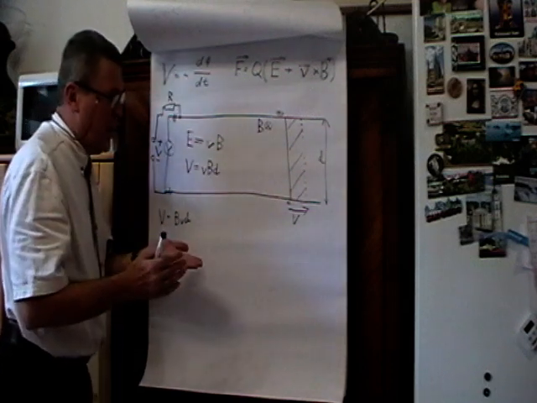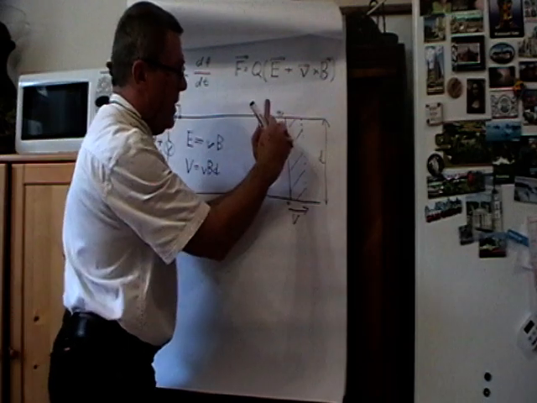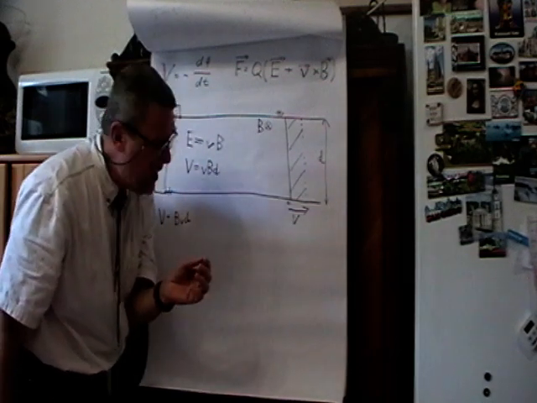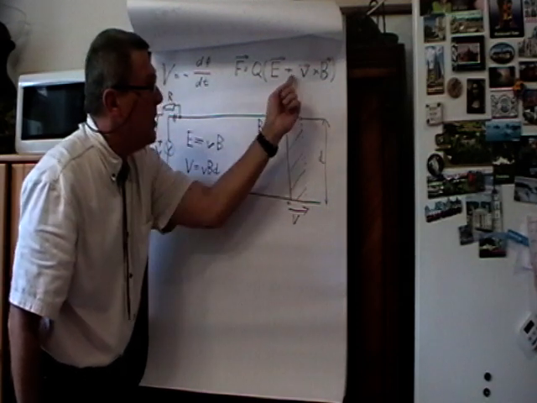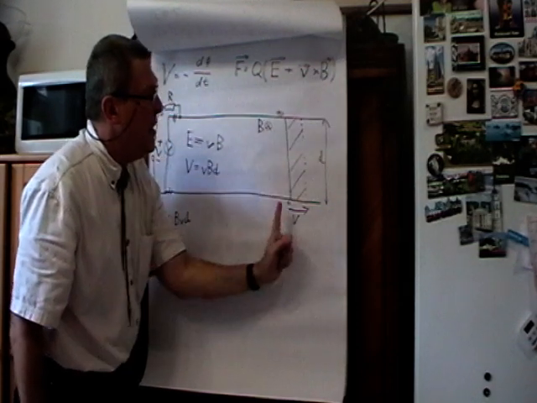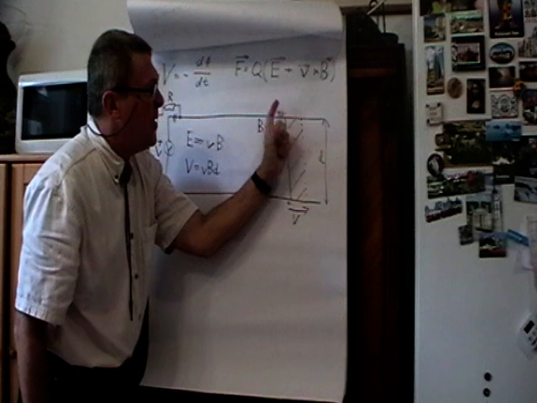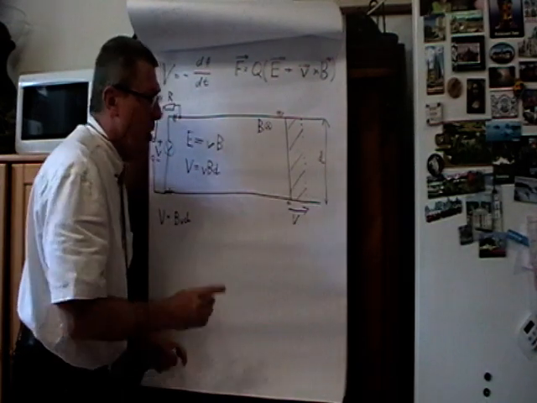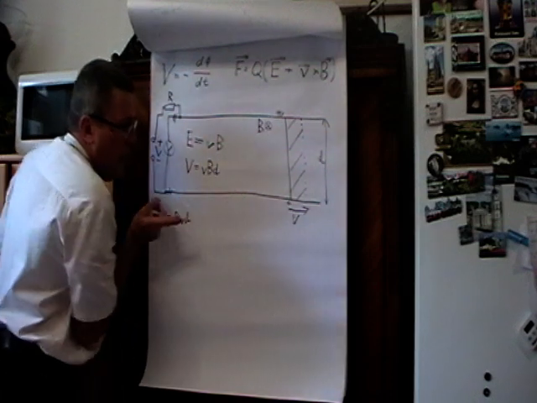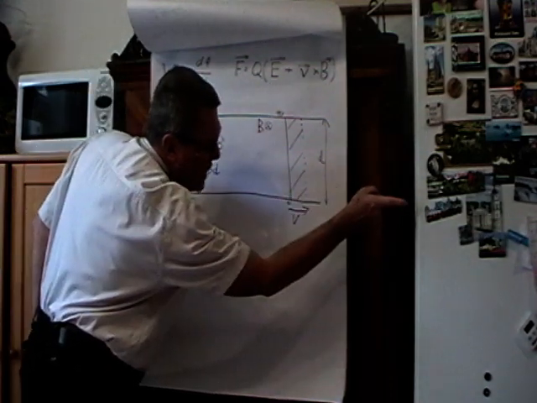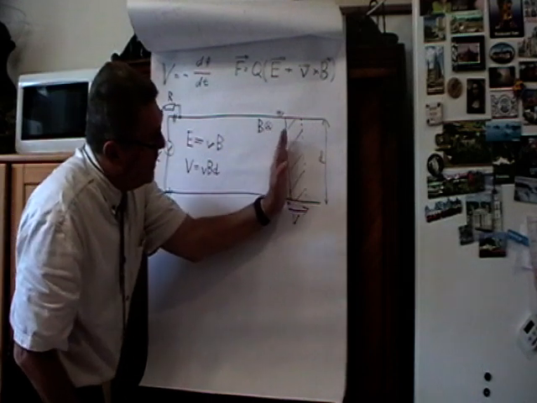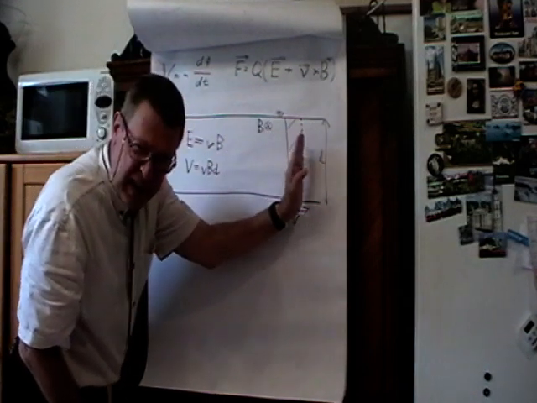And those electrons, when moving, would be subject to a force. Given the negative charge, direction of movement of electrons, and magnetic flux density direction, those electrons will be affected by a force that goes that way.